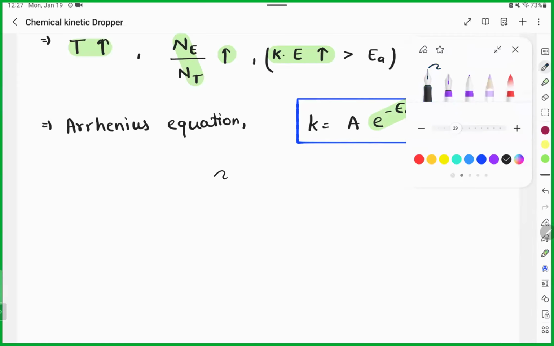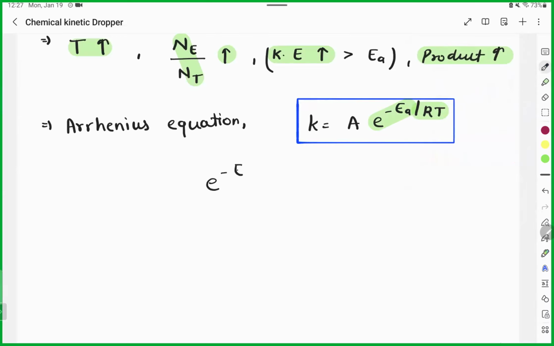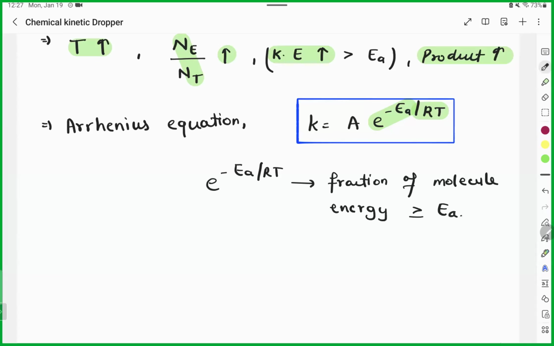Got it? In this case, e raised to power minus EA by RT tells you the fraction of molecules that have energy equal to or greater than the activation energy. Only those molecules will be useful for us, and we want to consider only such molecules. Make sense?